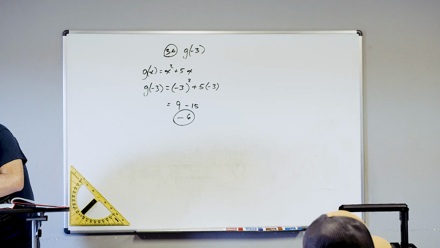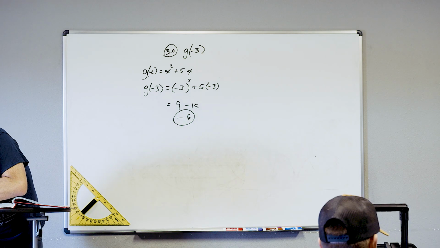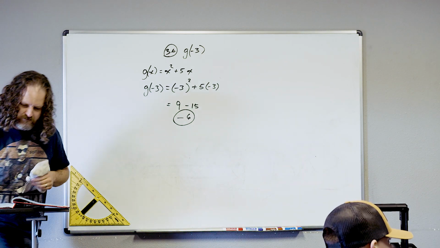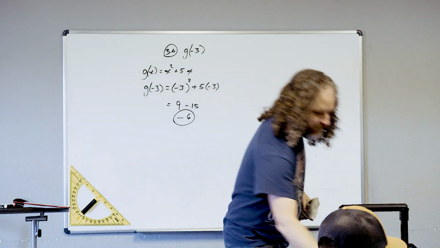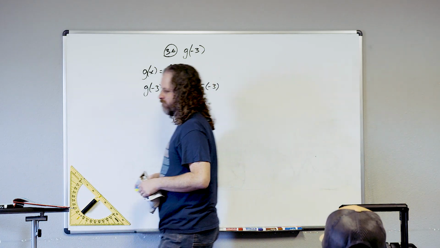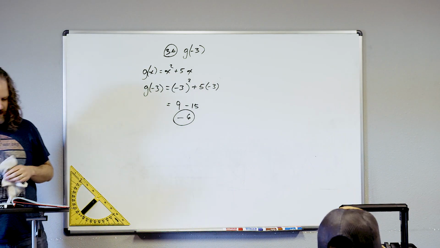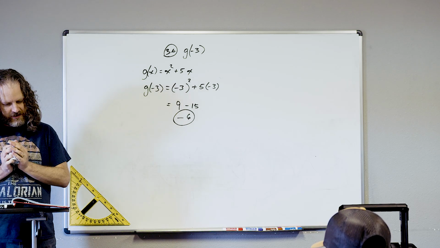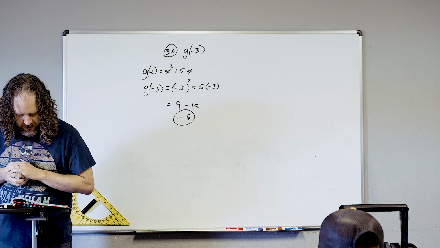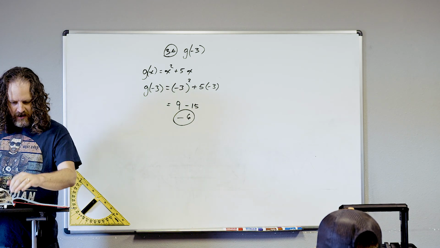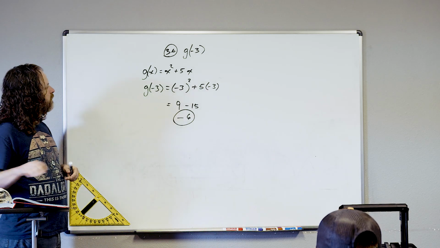All right. What other questions do we have? Actually, 26. 26A. So it's got the table there. Y'all look at the book.